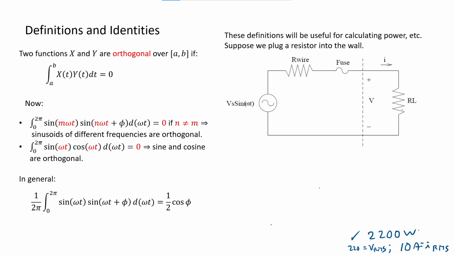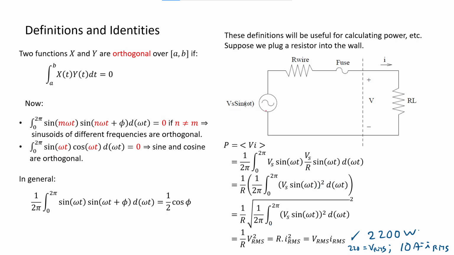As an example, you have a resistor as a load, and you have resistance in the wire, but this is usually very small, so just consider the ideal case and assume it to be 0. If you have the input AC power source, sine omega t, then when we find the power, the instantaneous P equals v(t) times i(t).